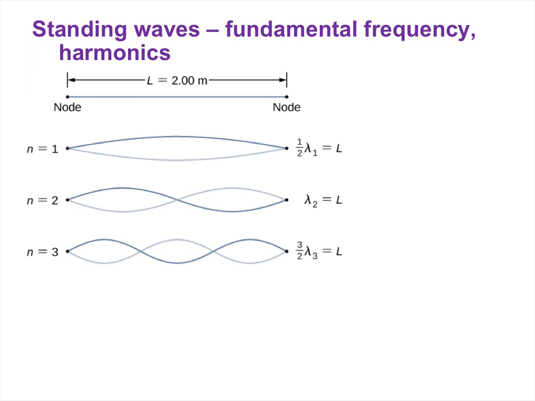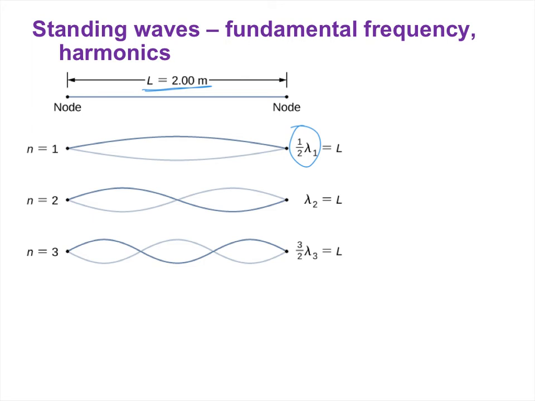And then you want to think about, okay, the total length of the string here is 2 meters. How does the length of that string compare to the wavelength? Well, here I only see a half a wavelength. So the length of the string is equal to a half a wavelength.